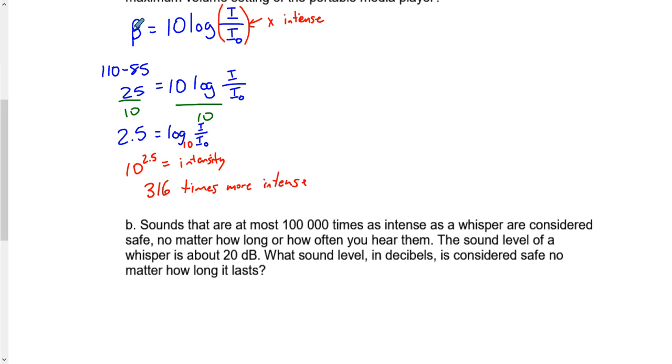The beta is talking about the difference between what we're looking for and the current level. Well, that's going to equal 10 multiplied by the log of I over I0. That's talking about how many more times as intense, which means 100,000.